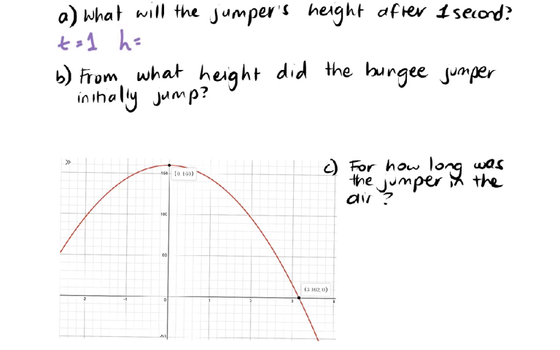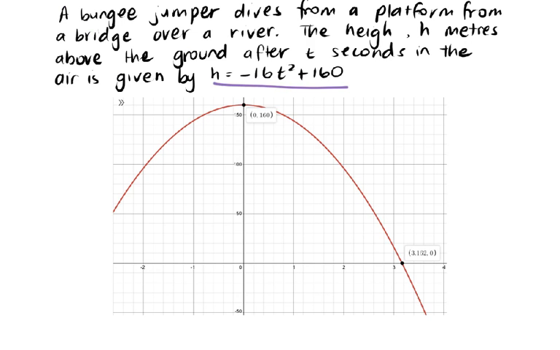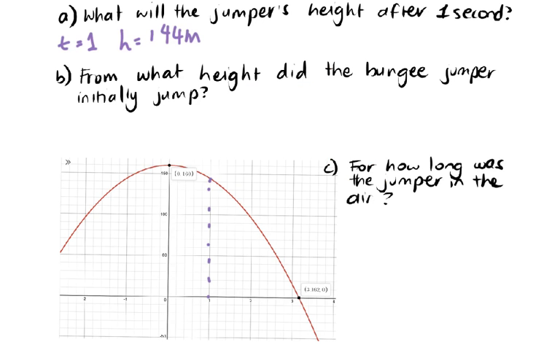So if I read from my graph, and I use the online tool to place my cursor there, h actually equals 144 meters. Now, if you hand drew that graph and you're not sure about the accuracy, what you would do is use this formula, place in t equals 1, and you should get 144 as the answer.